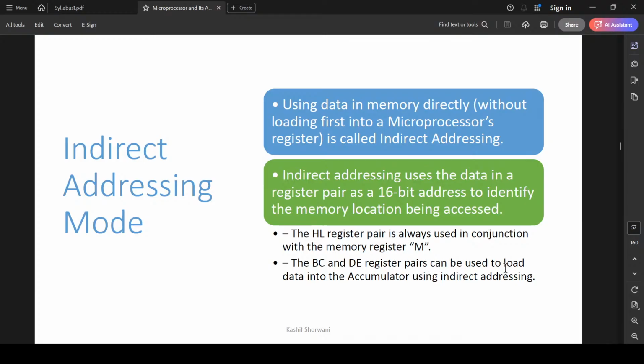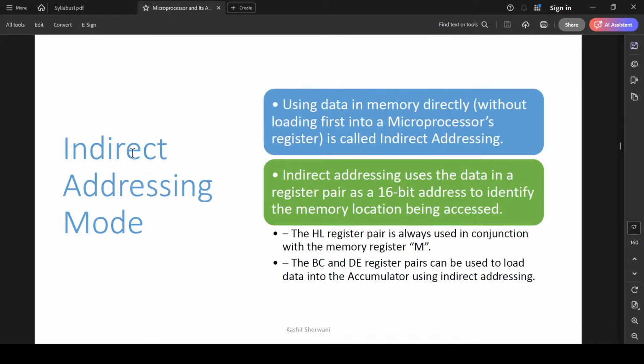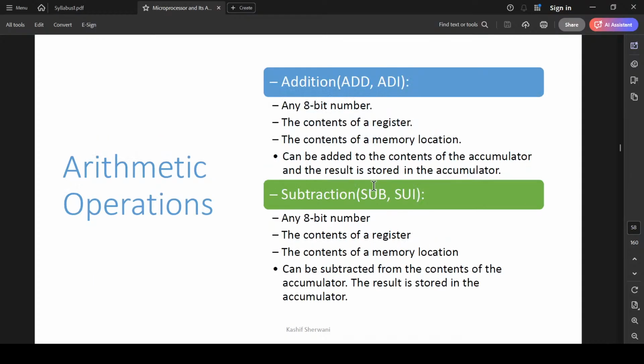The BC and DE pairs can be used to load data. Okay. So if the question in the exam is indirect addressing mode, it is not something heavy. It's just this, without the use of the microprocessor's register. The register will hold the memory location.